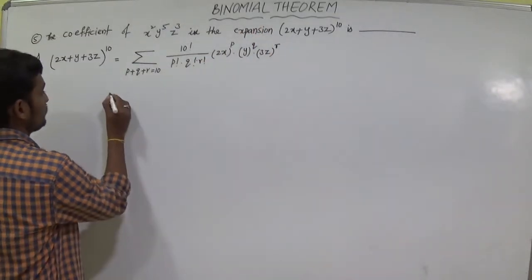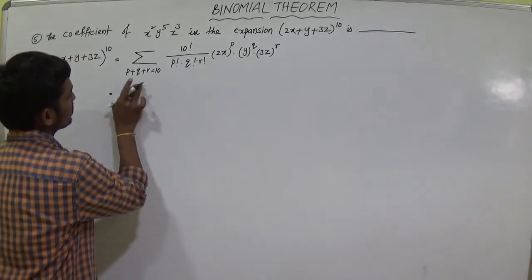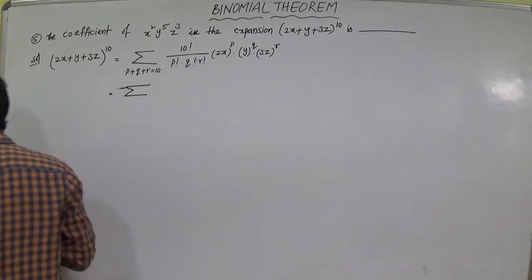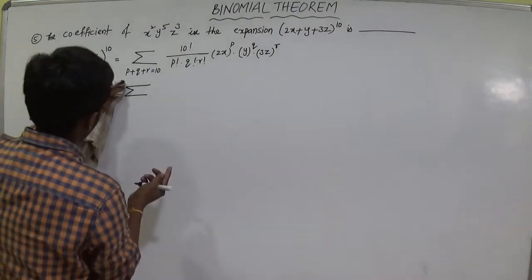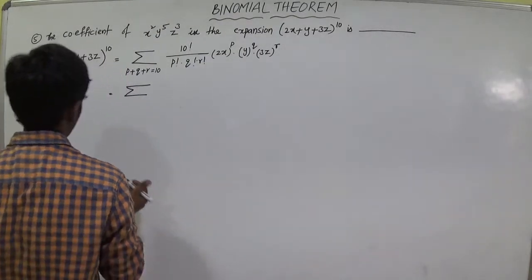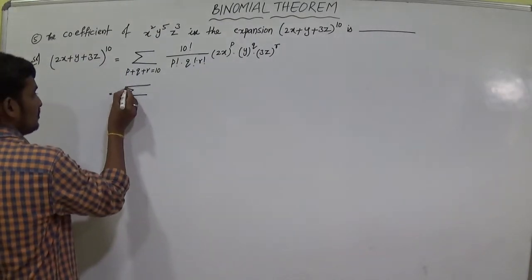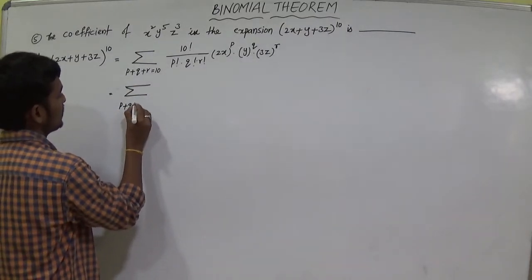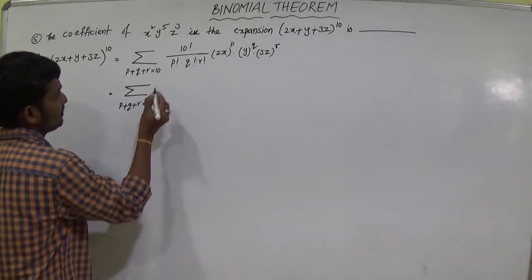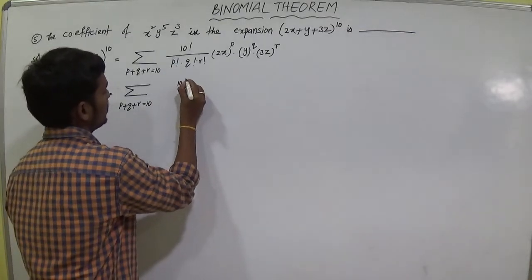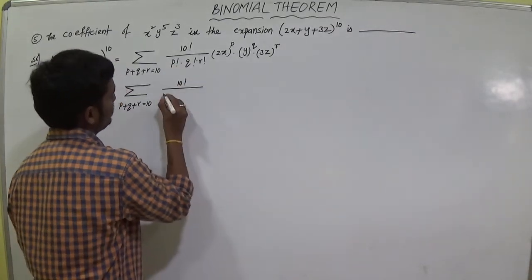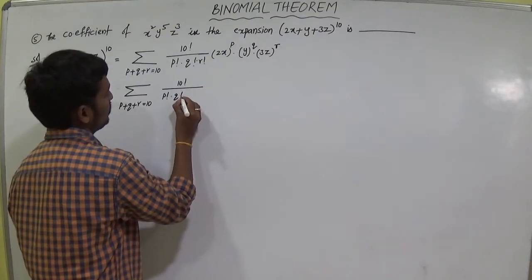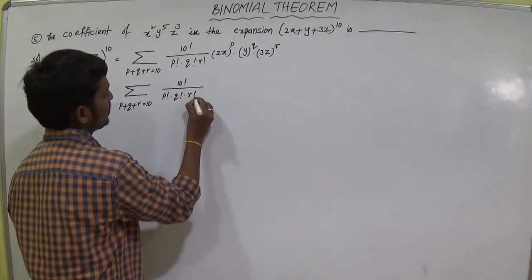Now we are writing sigma P plus Q plus R is equal to 10. Here we have 10 factorial by P factorial into Q factorial into R factorial.